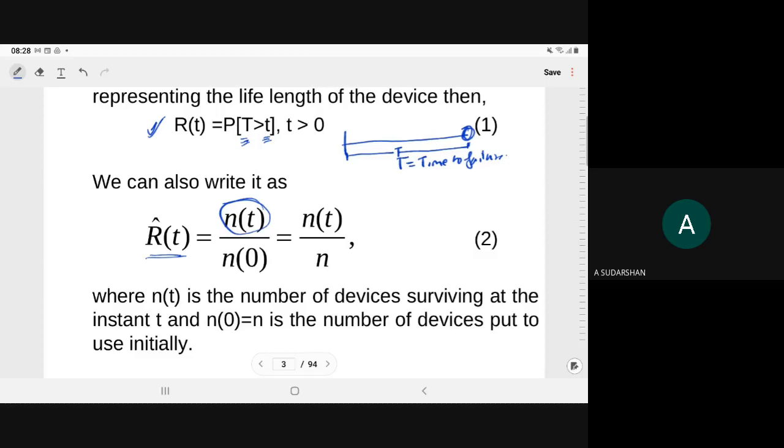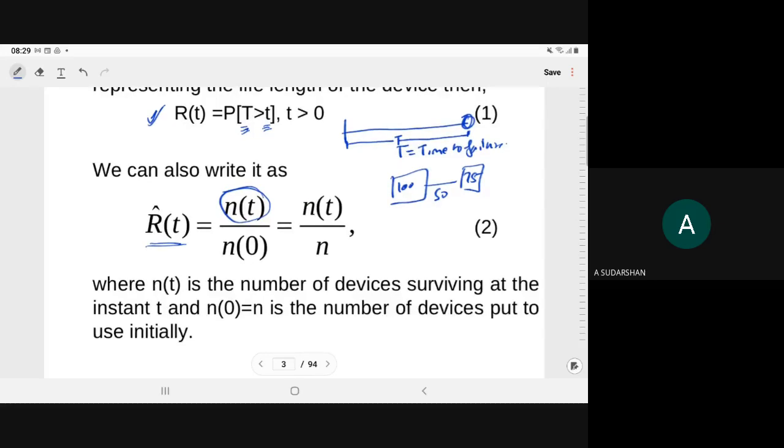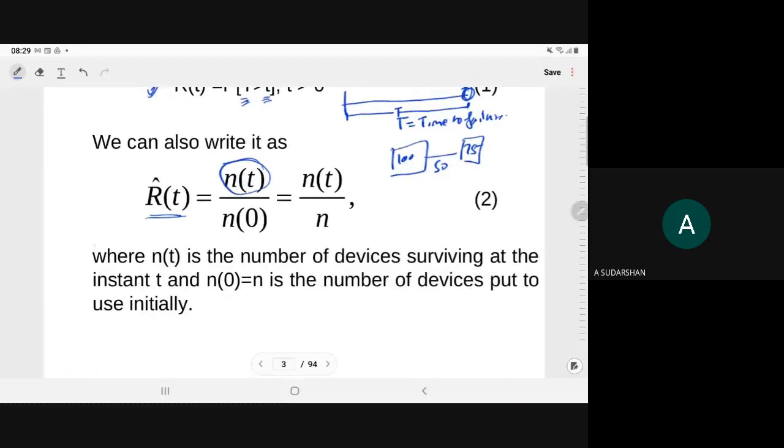Initially we have 100 items, and after 50 days we have only 75 devices working. So the reliability will be 75 upon 100, that is 0.75. Here n(t) is the number of devices surviving at that instant t, and n0 is the number of devices put to use initially.